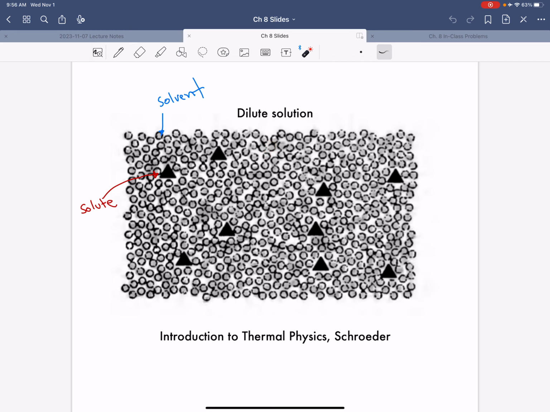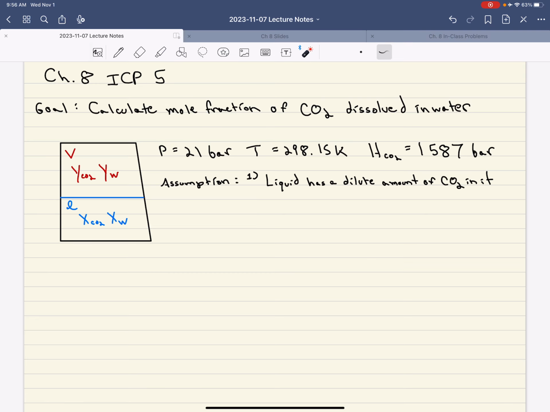We mostly have solvent-solvent interactions and solvent-solvent volumes that we need to consider. And so because there's a dilute amount of solute, the excess Gibbs energy of our mixture is basically zero. We don't really need to worry about those non-idealities.